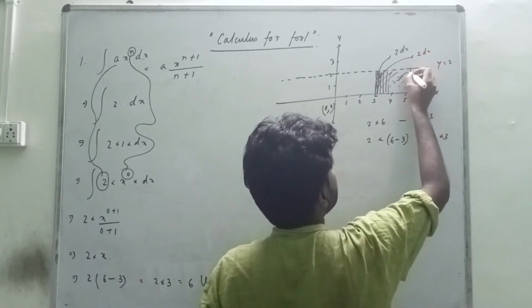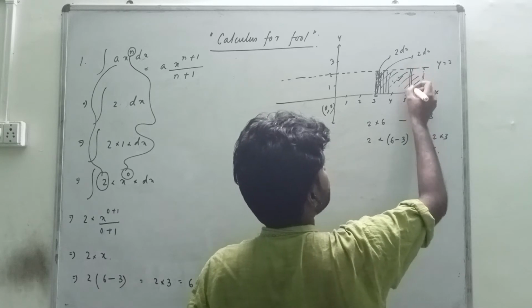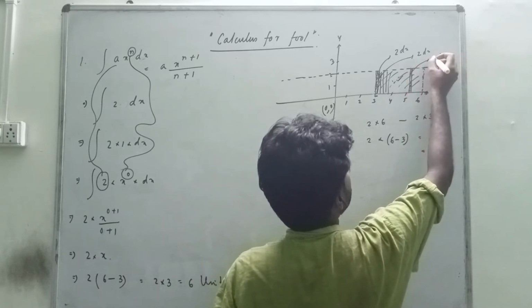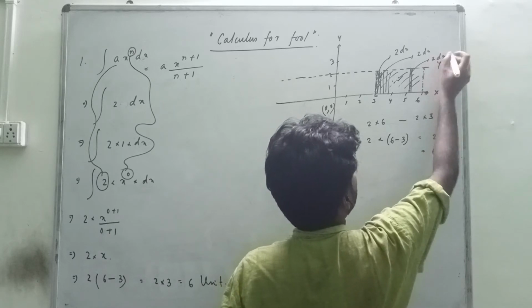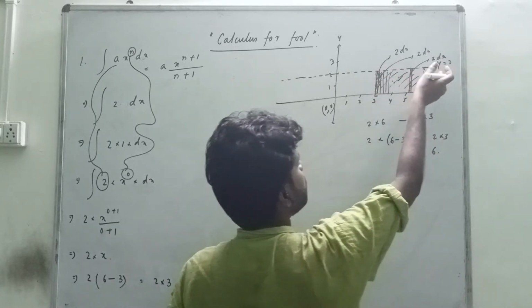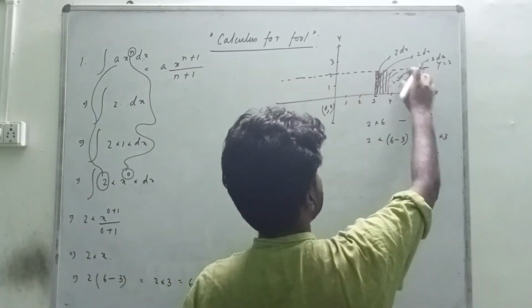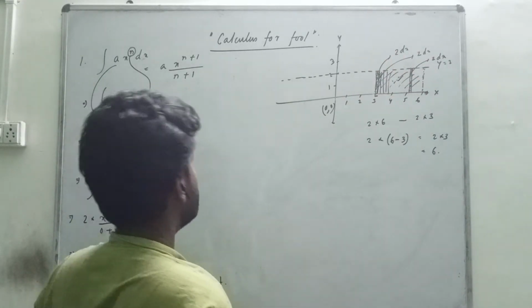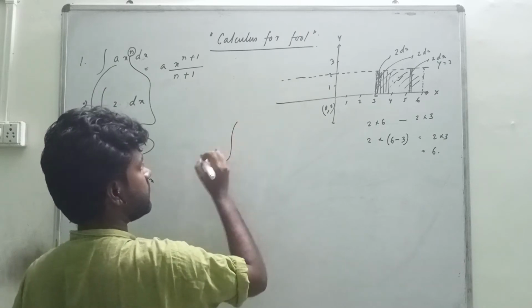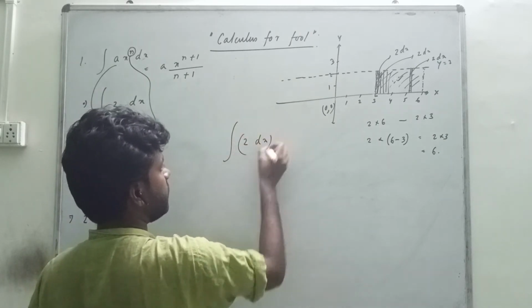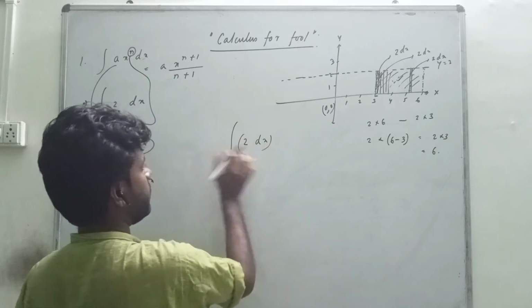And here is all of this very small piece of area, actually 2 into dx, right? If you add these very small pieces of area one by one, one day you will find the whole area. To calculate this, I will introduce here 2 dx, because it is a very small piece of area, and sum of here.